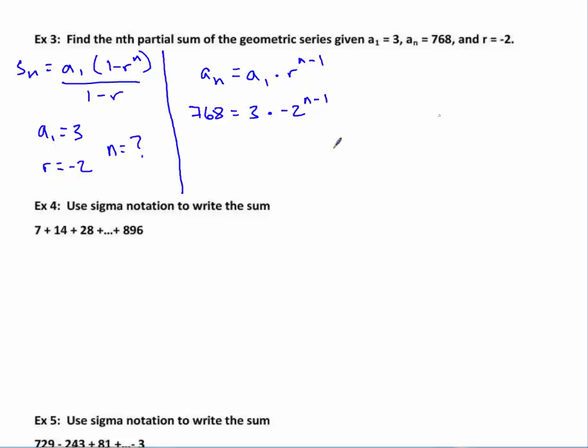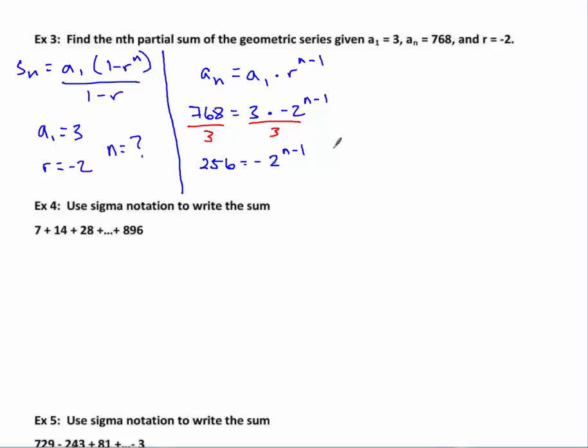Okay, so we need to be mindful of our operations rules and how we solve equations. This says 3 times all of this. So the first thing we need to do is divide both sides by 3. So 768 divided by 3 is 256. So that equals negative 2 to the n minus 1, which looks a little odd, right?